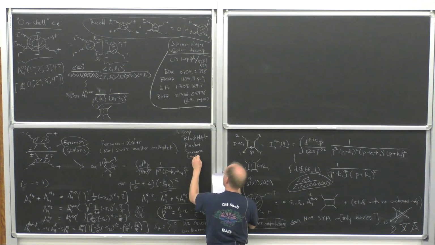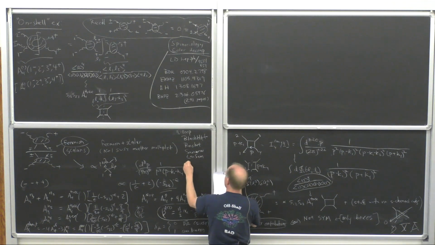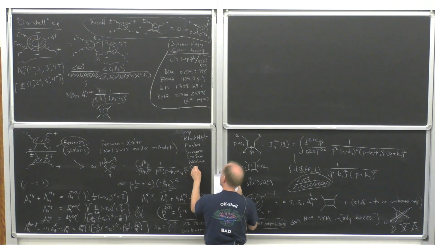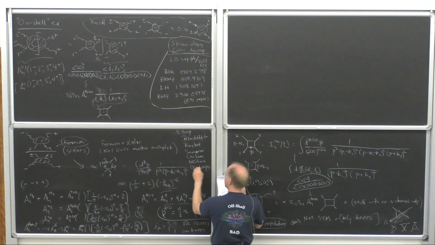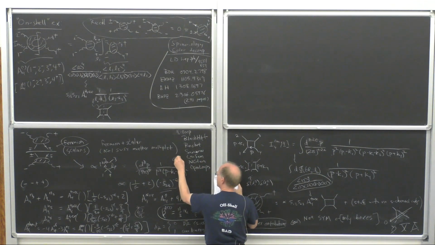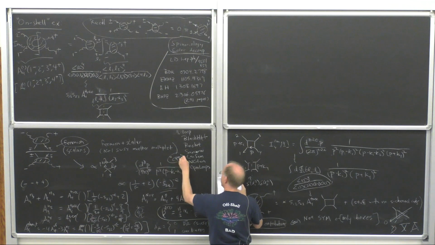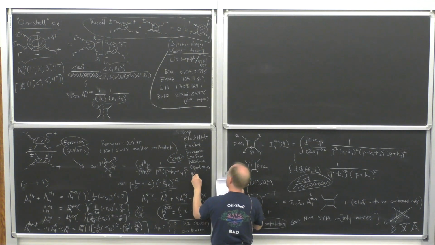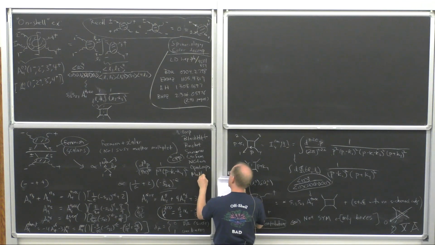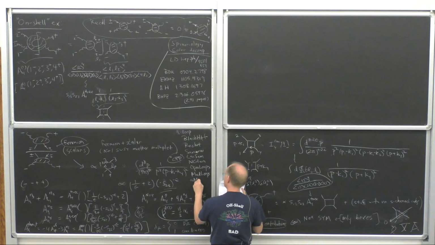GoSam. There's one, NGluon, by Simon Badger and collaborators. OpenLoops is based on another closely related method called OPP reduction. And there's also MadLoops, which became part of aMC@NLO.